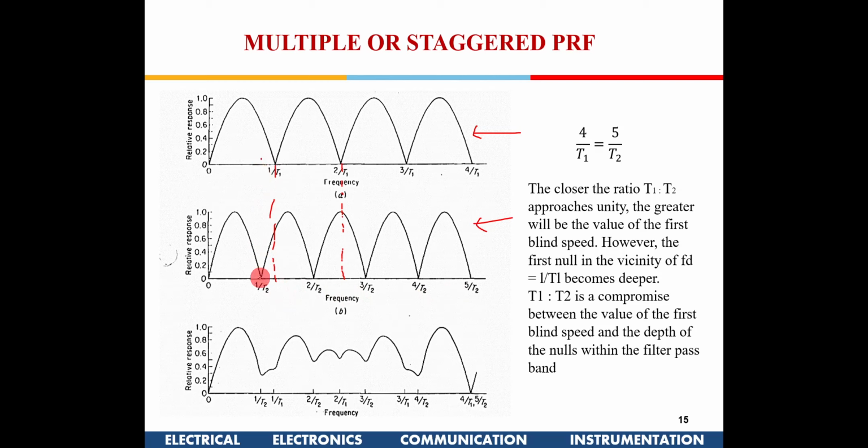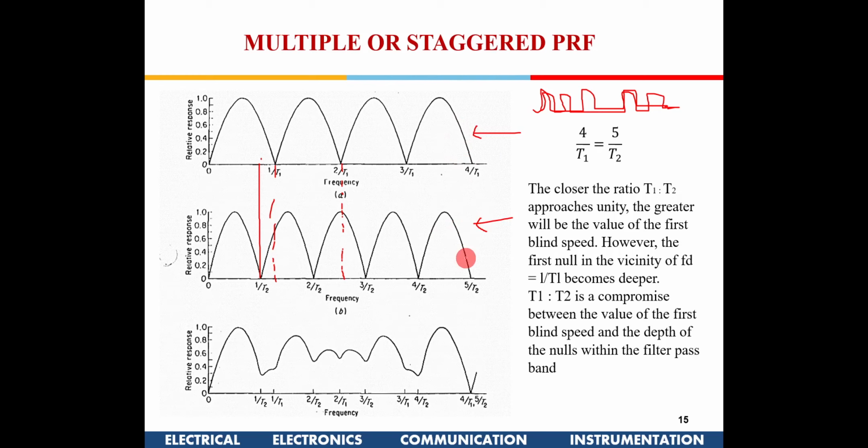So what if I use multiple or staggered PRF? That means I don't transmit pulses at the same PRF, okay. I can transmit here, here, and then here, and then here. I use multiple PRFs, or more than one pulse repetition frequency, mix and match.